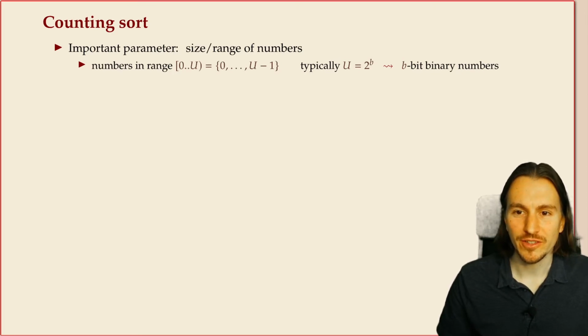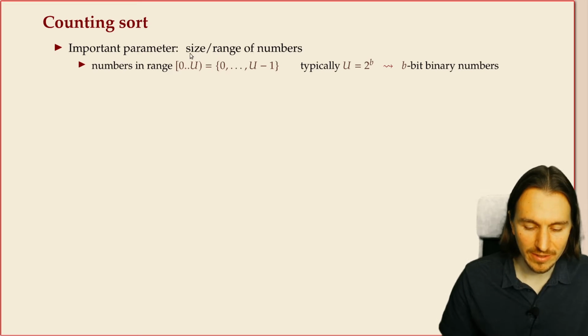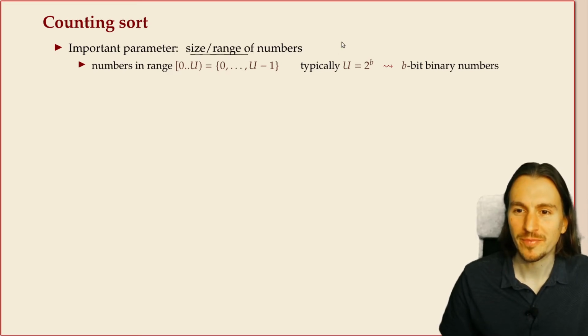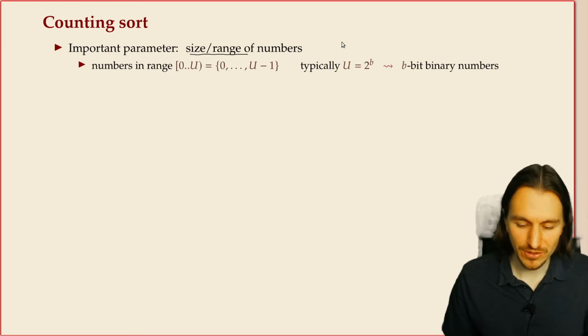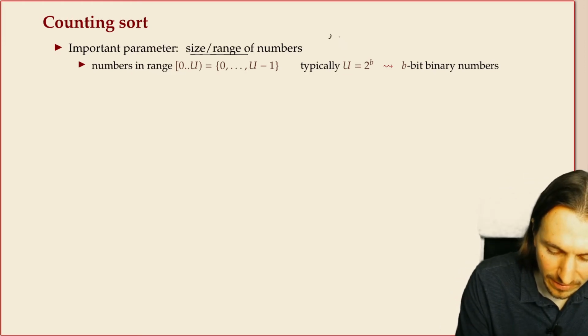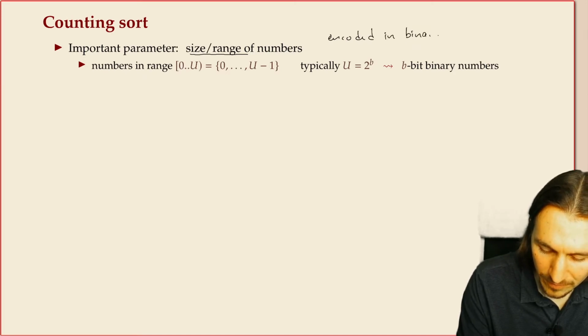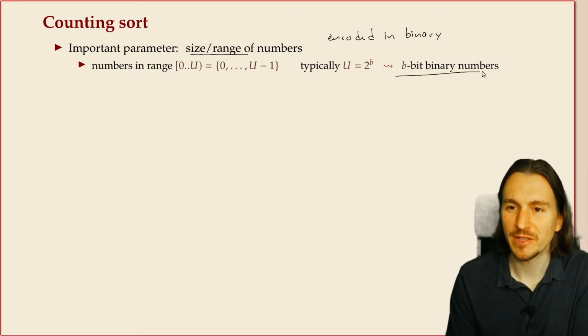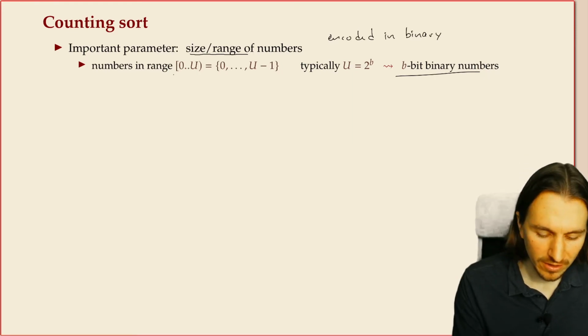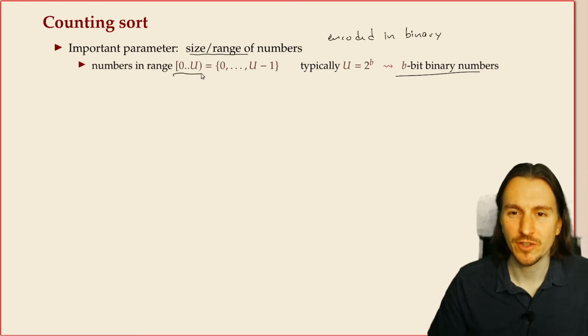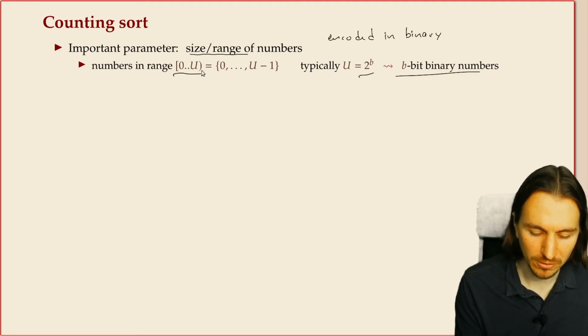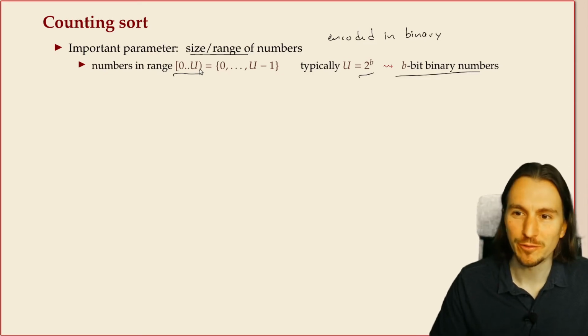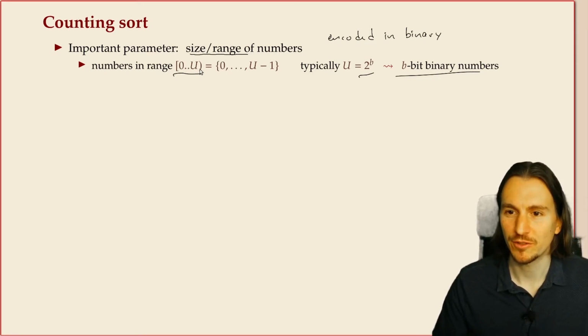So if you're sorting integers, it seems natural that it's important to know how big these numbers are. And remember computers, so what I mean is the numbers are encoded in binary. So what we really ask is, what is the number of bits we need to write down the numbers that we sort? And a reasonable assumption is to say all our integers come from a range 0 up to u minus 1, and u is a power of 2, then these are exactly the b-bit non-negative integers.